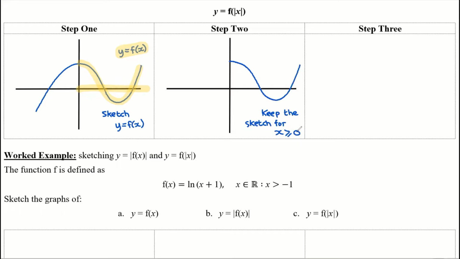Now, what happens next? Well, we've erased this side, so we'll just make a note. So erase the left-hand side, where x is less than 0. So you can delete that because that's going to change in the next step.